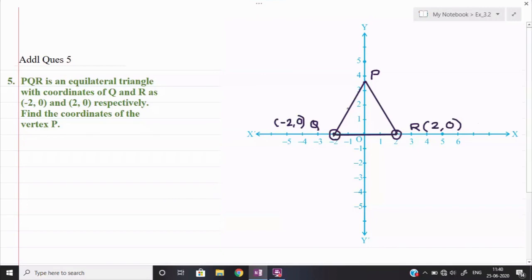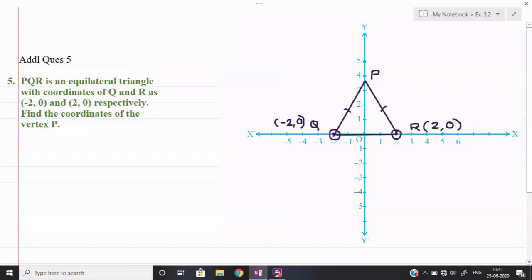Now in this triangle PQR, I need to find the coordinate of point P. Here I have taken the point P on the y-axis. I have not taken it in the second quadrant or the first quadrant. Why? Because if I take P in the second quadrant, it will not have the same distance from Q and R; it will be nearer to Q and far from R. So PQ and PR will not be the same, but we are given that PQR is an equilateral triangle.